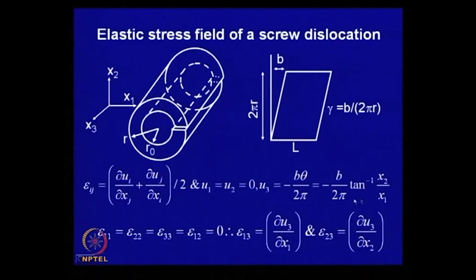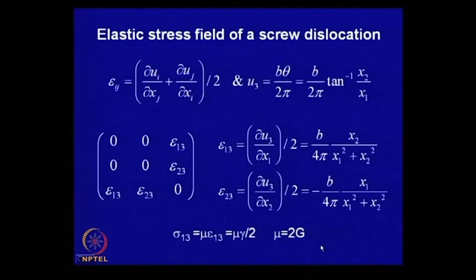A better way of doing it is a more rigorous analysis. Say by this you have written this expression. Now, by differentiating this, you can get the two shear strain components epsilon 13 and epsilon 23, which is shown over here.